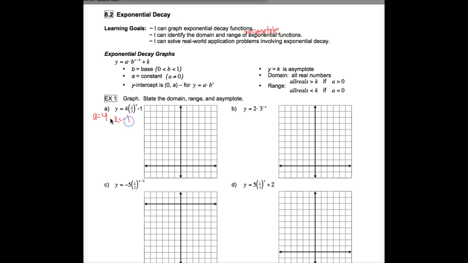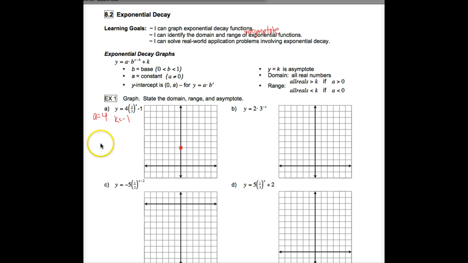So since k is -1, 4 minus 1 is 3. So this one is going to have a y-intercept at (0, 3). So here is my starting point. There is my value there.